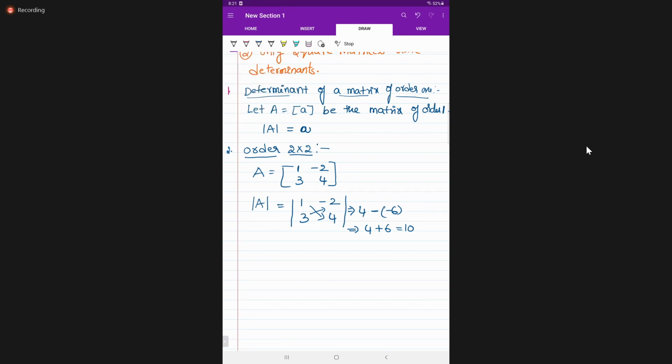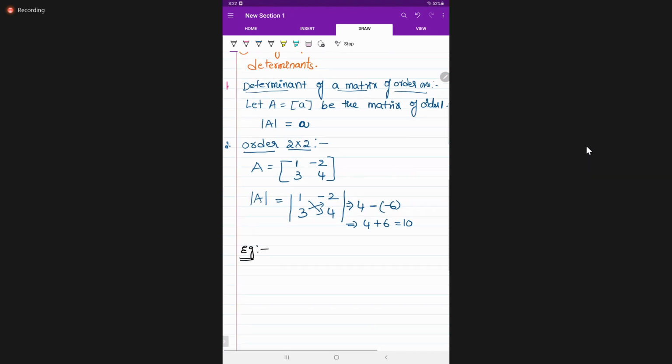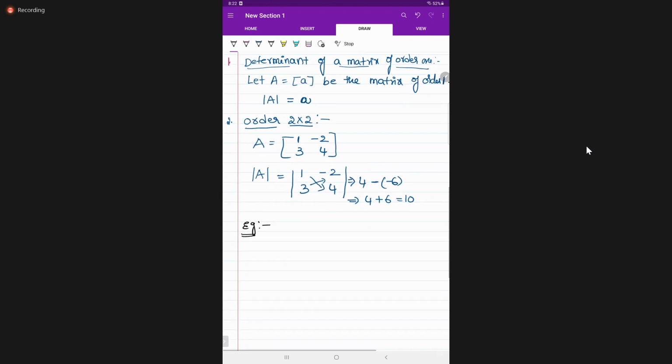For example, if you take 5, order is 1 cross 1, and the det value is the same value only. So we have to write: let A equal to [a] be the matrix of order 1 by 1. That's all. You have to find the value of determinant.